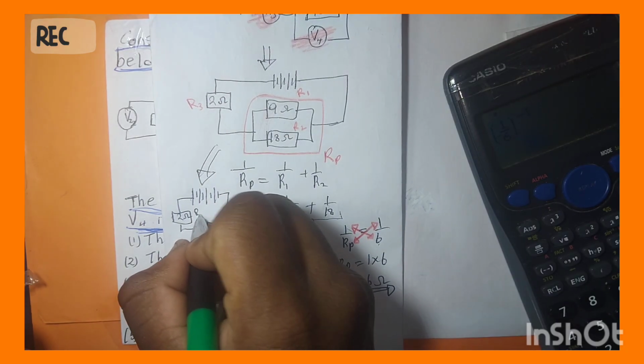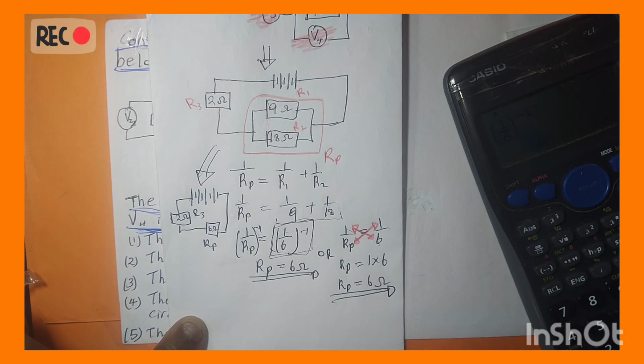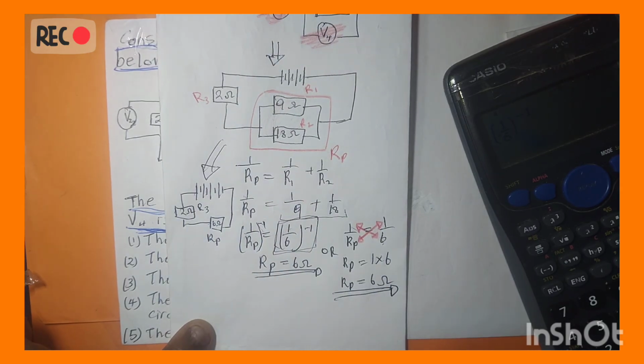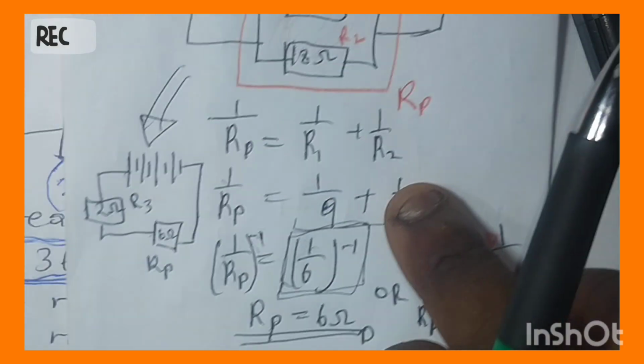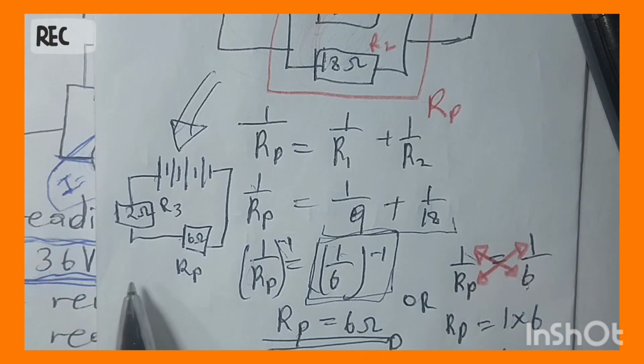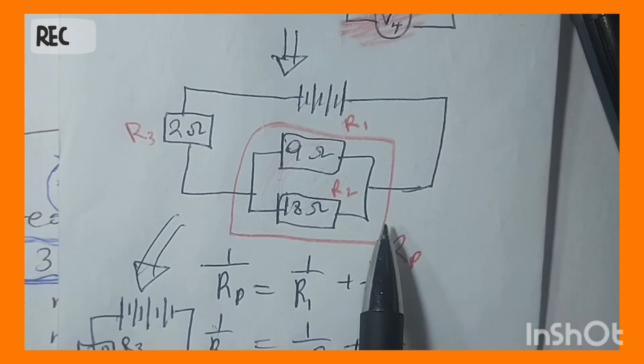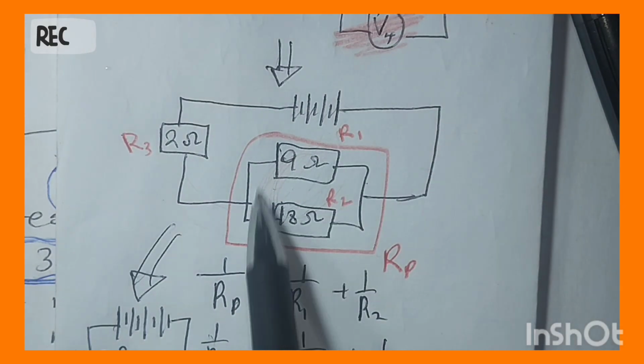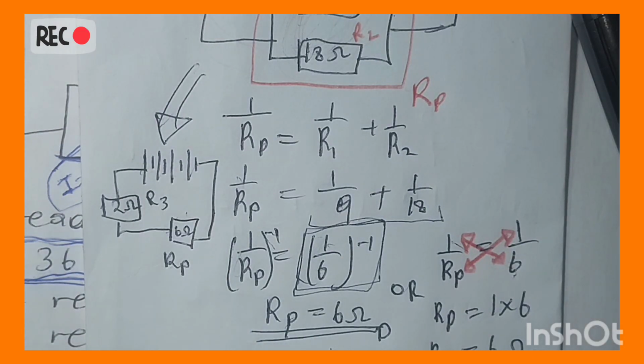So here we say that one is R3. This is how your circuit will become after you have combined these two resistors which are in parallel.